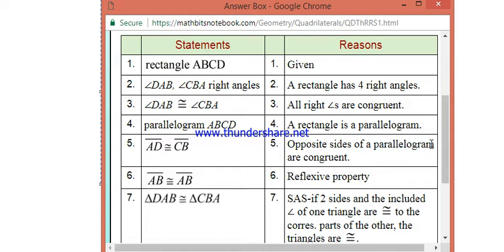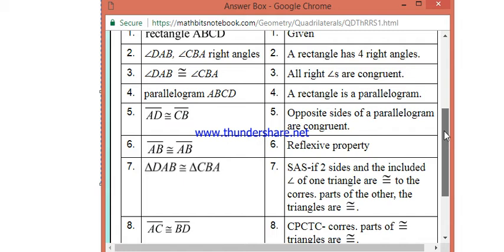Number 5, the statement is line AD is congruent to line CB because opposite sides of a parallelogram are congruent. For number 6, line AB is congruent to line AB. The reason is the reflexive property.